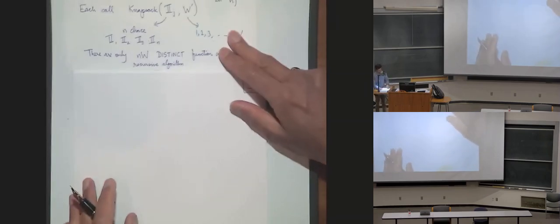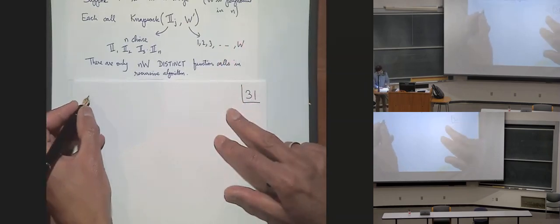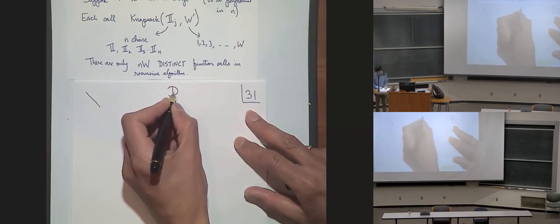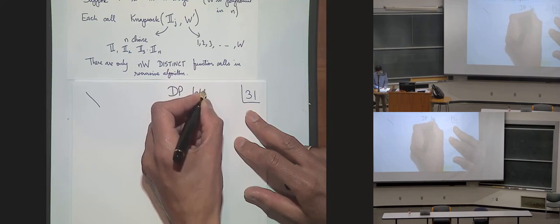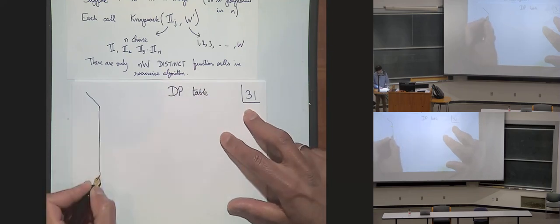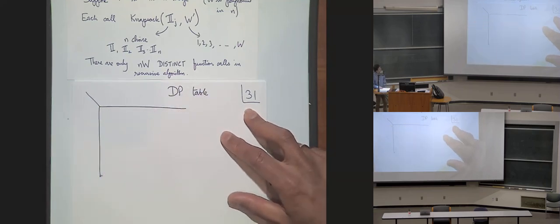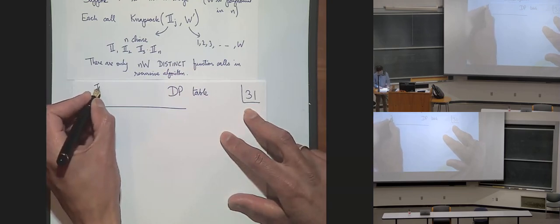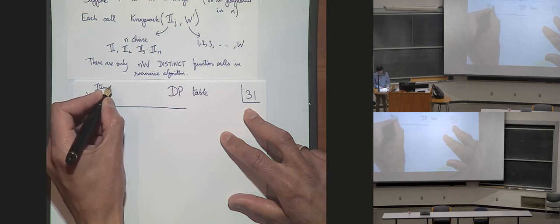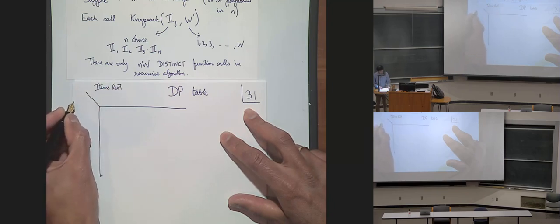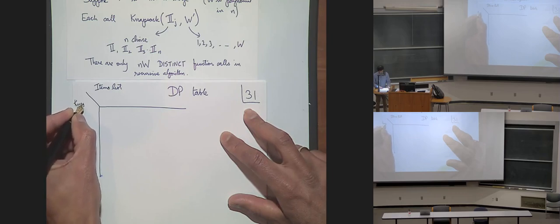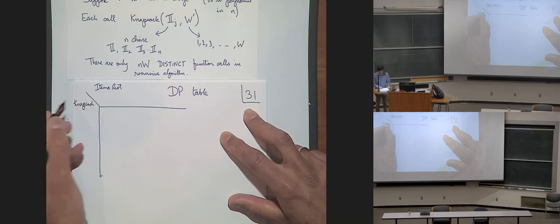It's just going to have all possible arguments. This is what I call the DP, dynamic programming table. On one side, I'm going to put the item list, technically, and on the other, I'm going to put the knapsack capacity.